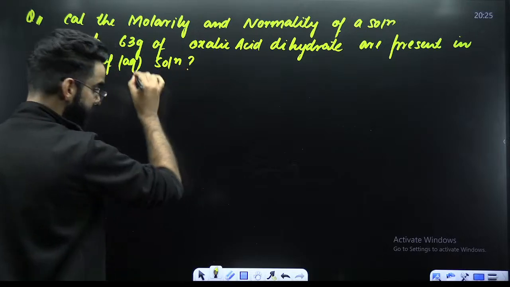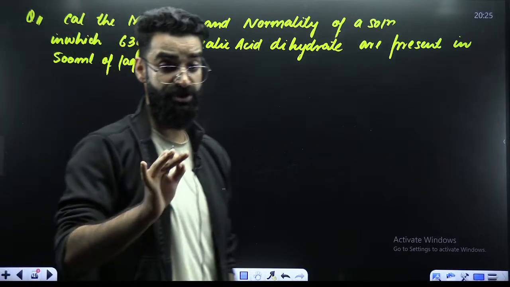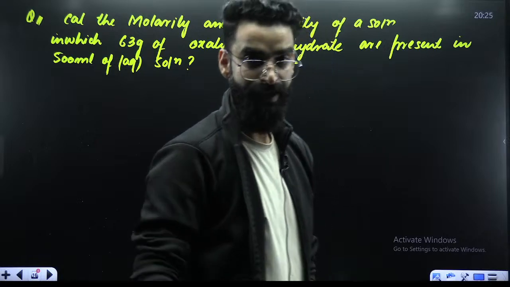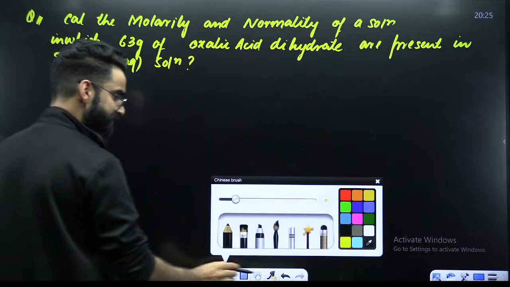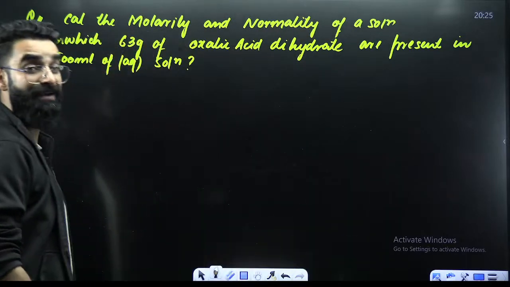Can you solve this question on your own? You should be in a position to solve this question. As far as this question is concerned, we are supposed to calculate molarity and normality.